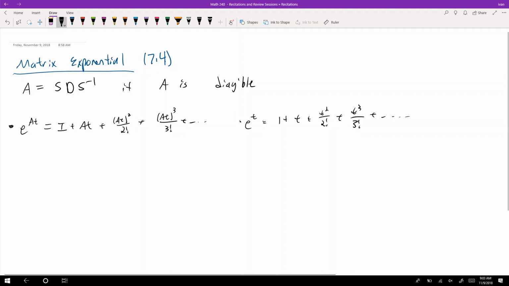And if any of you are like me, you haven't done a Taylor expansion in years or don't remember how to do one. So we usually don't deal with this Taylor expansion of e to the At. What we do instead is use the fact that A is diagonalizable, and we can write e to the At equal to S times e to the Dt times S inverse.